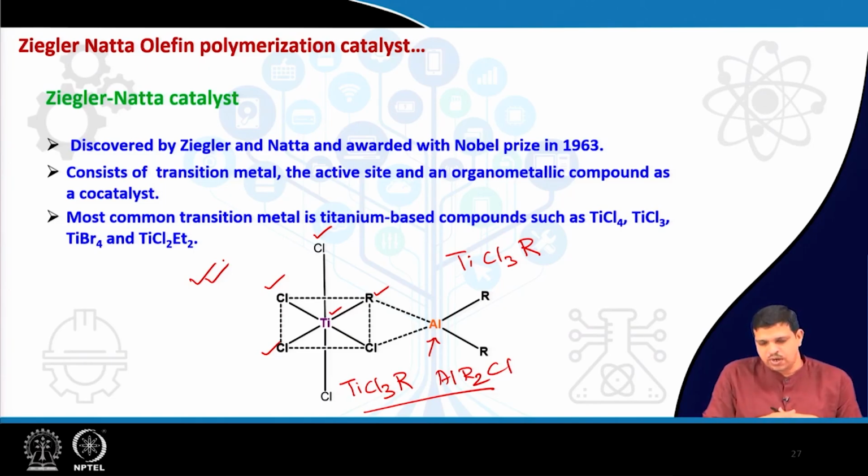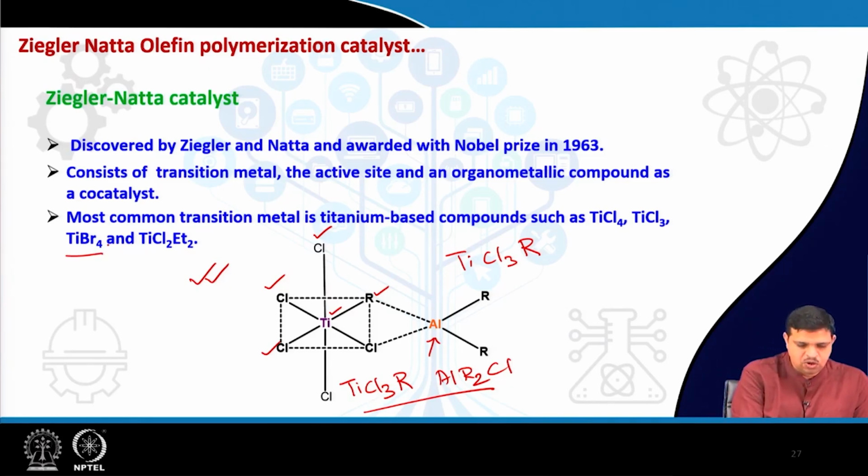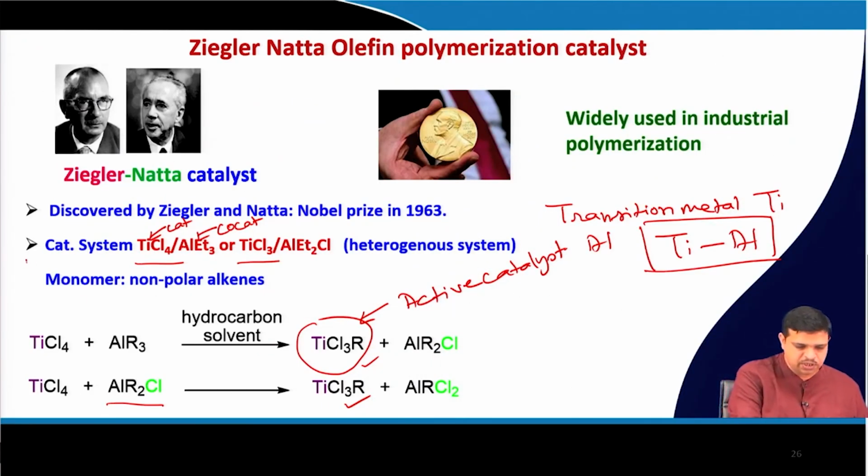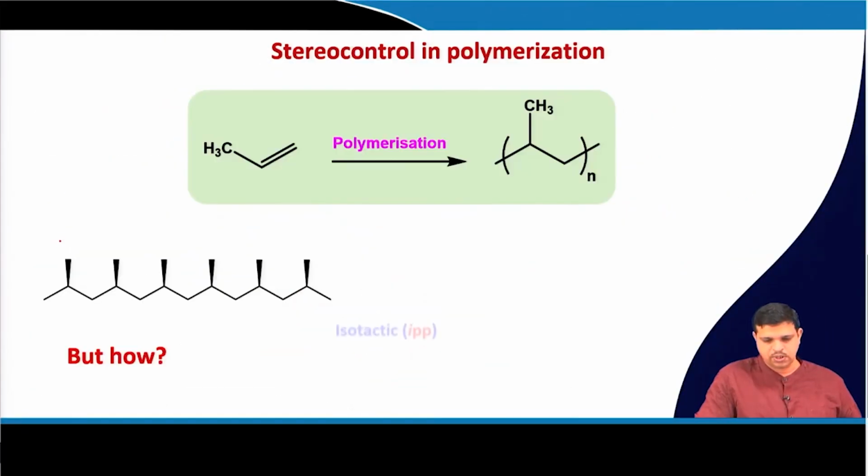We'll try to understand how the stereoregularity is maintained using the Ziegler Natta catalyst. That's why this catalyst system is very popular. Not only TiCl3, we can actually use other halides also, like titanium bromide or mixtures of other alkyls and halides, but mostly in industry this system is used. That is the more popular system.